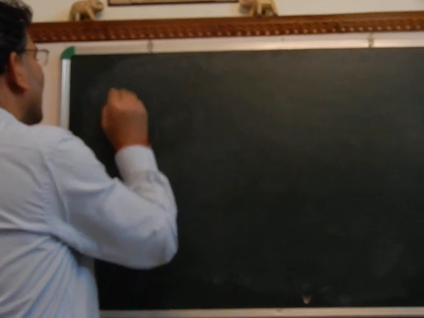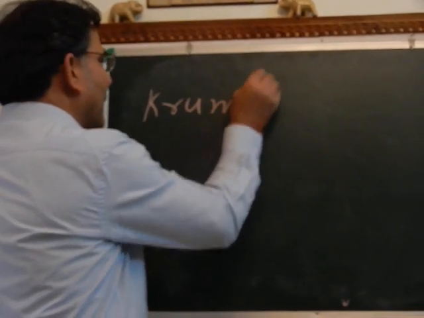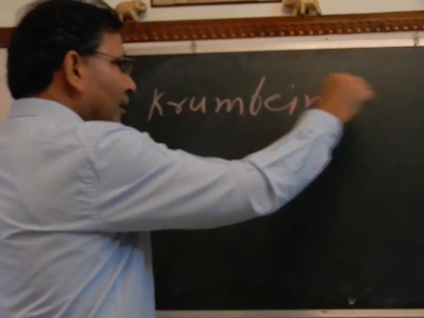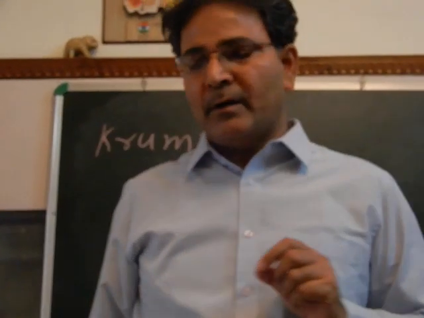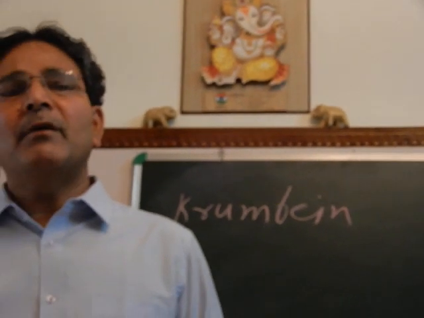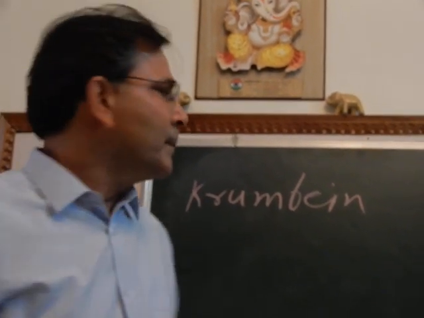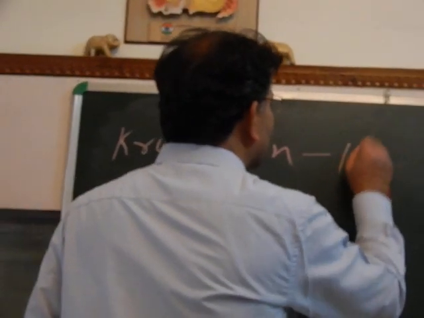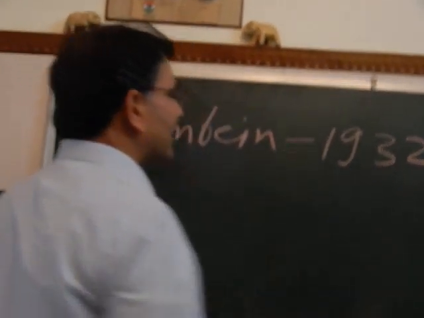So to remove this complication, this scale was later modified by Krumbein. Udden proposed his scale in 1914, Wentworth proposed his in 1922, and Krumbein proposed his scale in 1932.